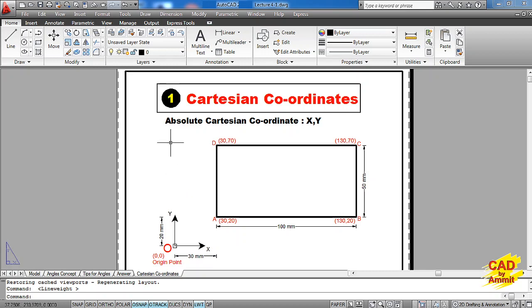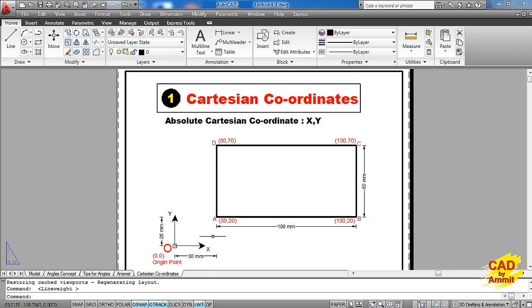Absolute Cartesian coordinate means we are considering x coordinates and y coordinates with respect to the origin point. Friends, we normally keep the lower left point of the screen as the origin point. Here the origin point is denoted by letter O. This origin point has x coordinate value and y coordinate value always at 0, 0.